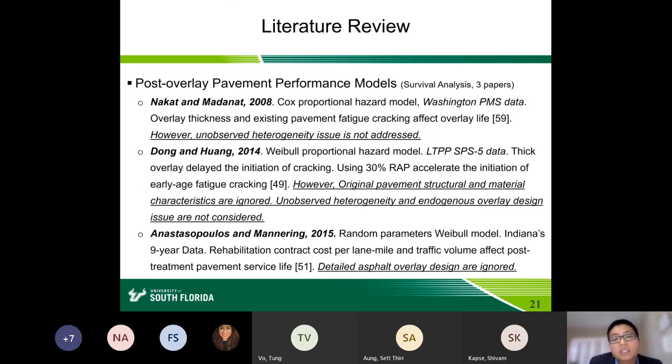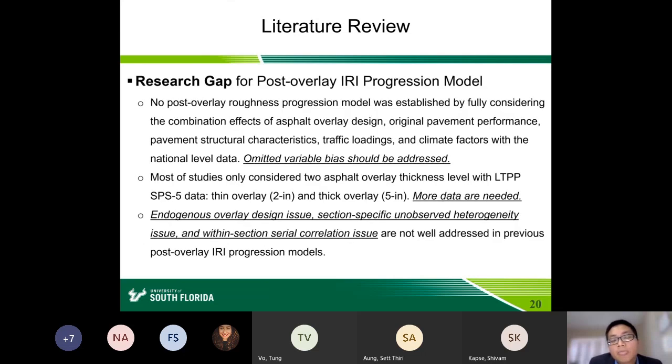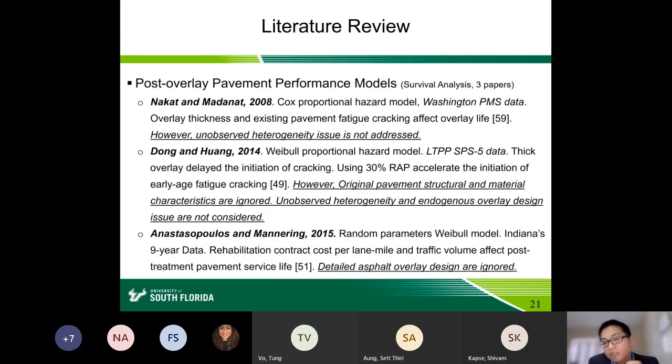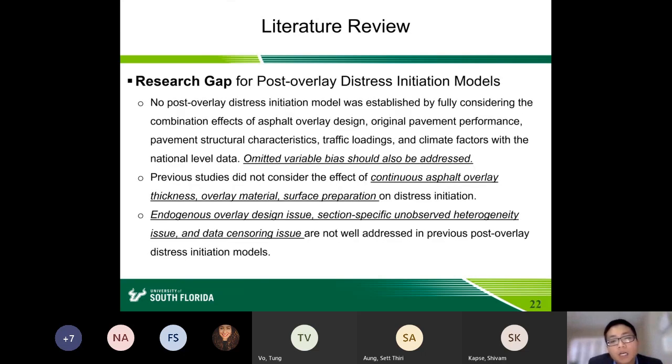Also, for the survival analysis that tries to evaluate the pavement distress, we found that no post-overlay distress initiation model was established by fully considering the combination effects of the previous ones, like overlay design, original pavement performance, pavement structure, traffic loading, and climate factors.